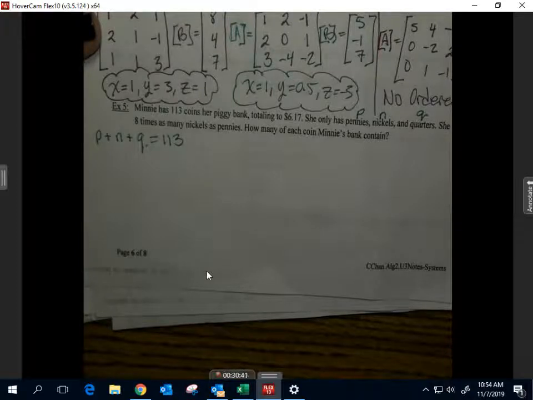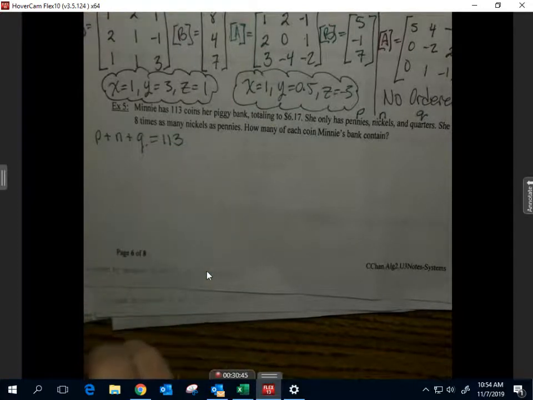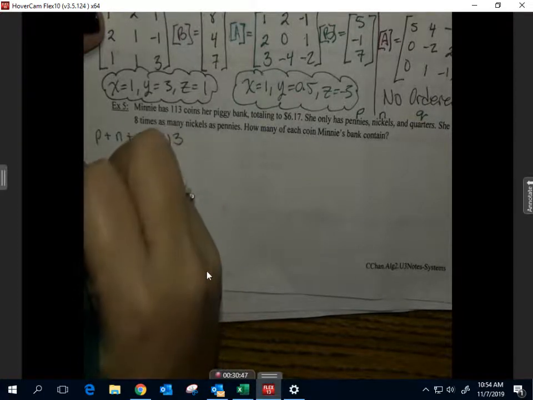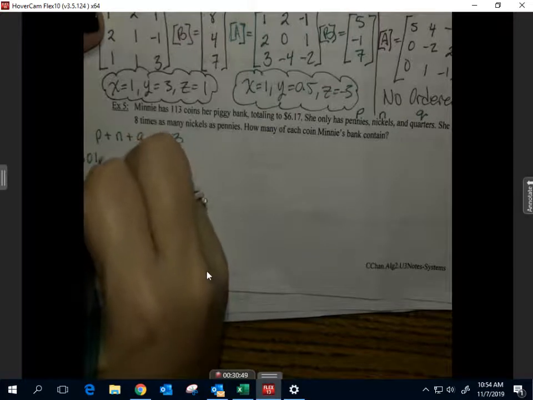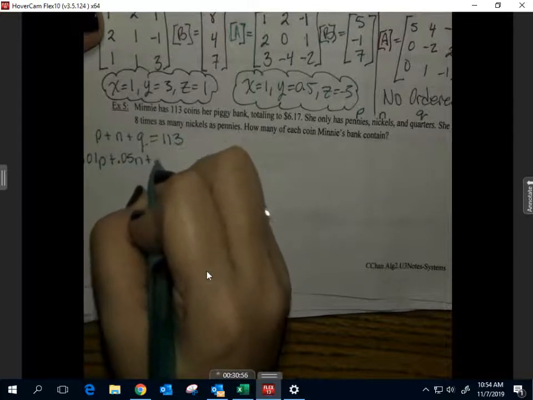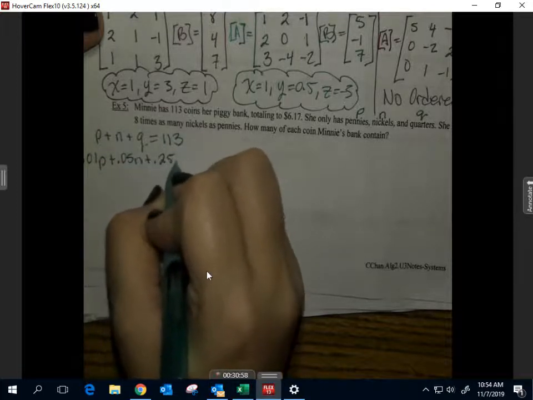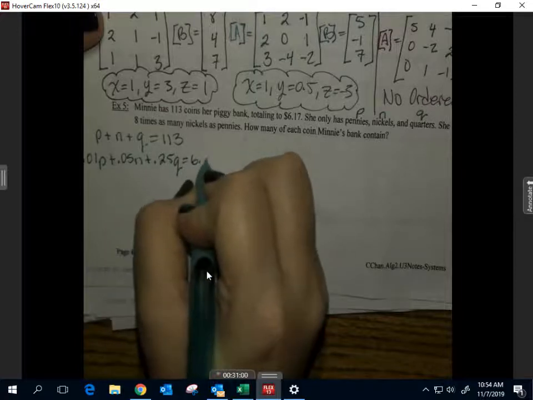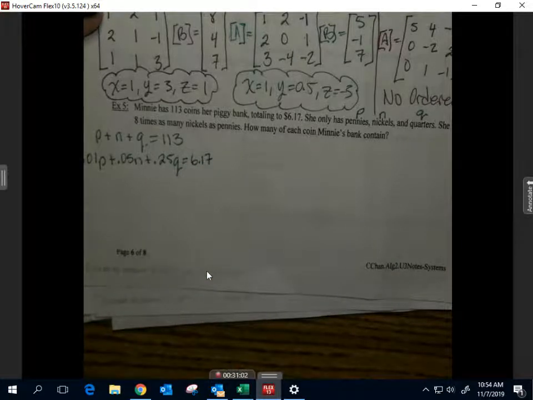So what's the value of a penny? But how do you show that in dollars? 0.01. So 0.01p plus 0.05n plus 0.25q equals $6.17.